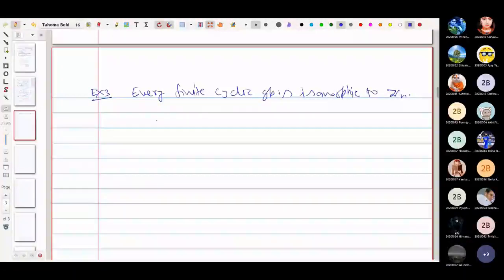So any finite cyclic group they are talking about. You know that Zn is always cyclic, and this says that there is a cyclic group of each order.